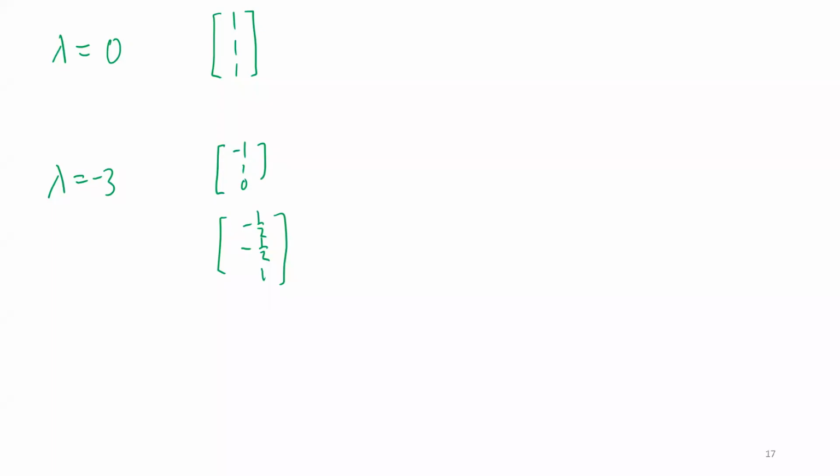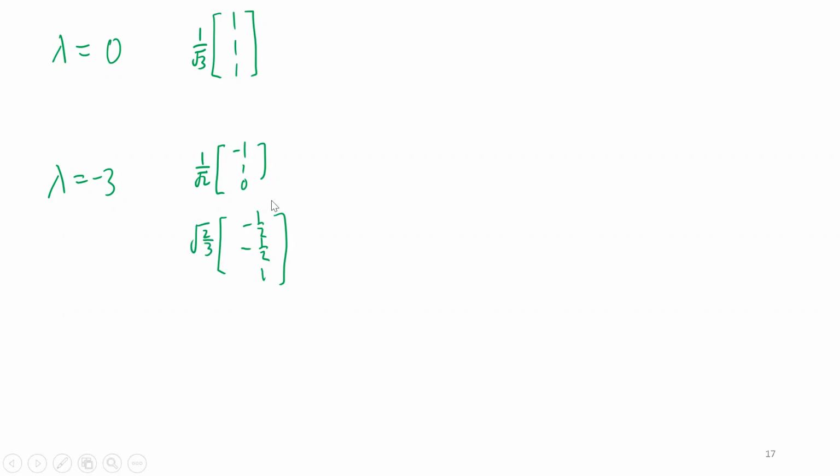They are orthogonal, but I want each of them to have unit length, length 1. So this one needs this factor over here, and this one I will need this factor over here.